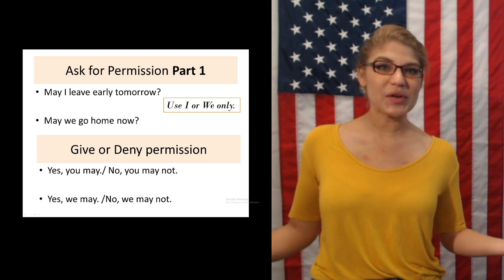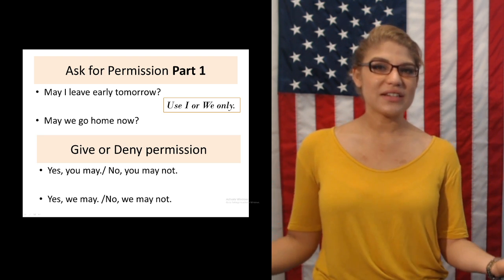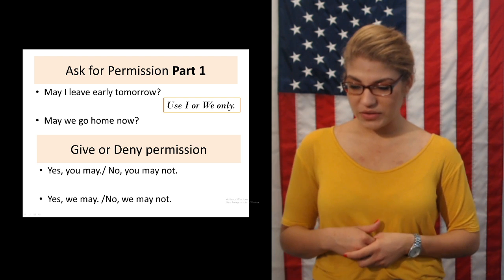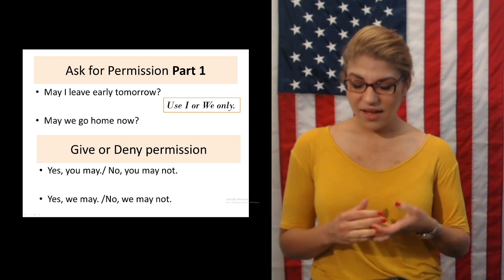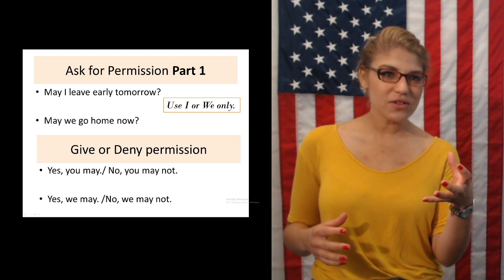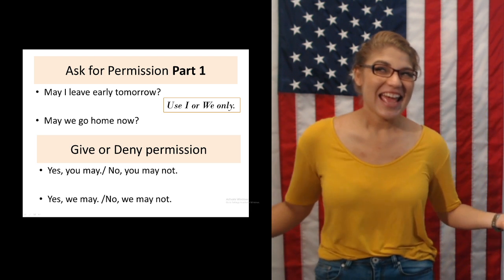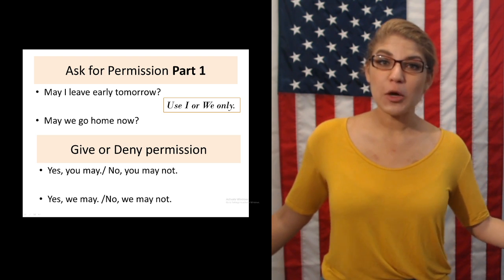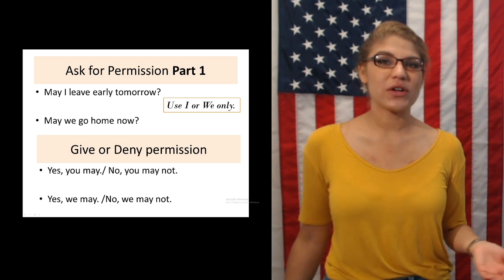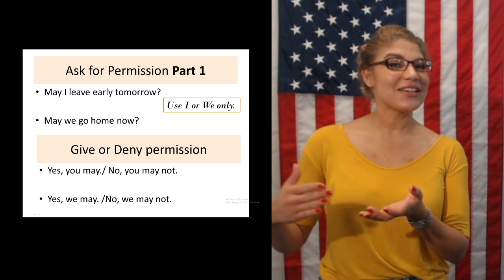For example, you ask your boss to give you the day off, or you say, "Oh no, I have to go to the doctor today. I need to leave early," but you need permission. In Spanish, the word is permiso. I need permission to leave early.